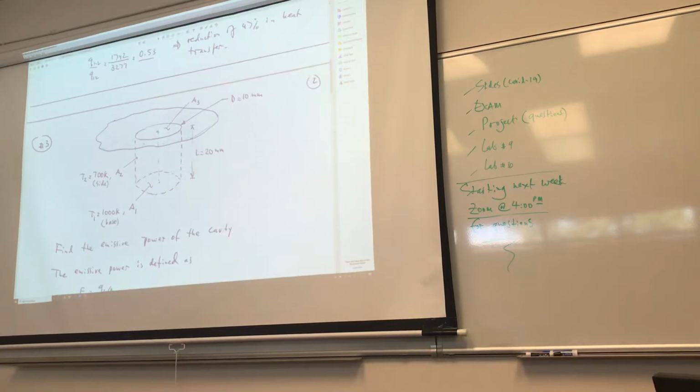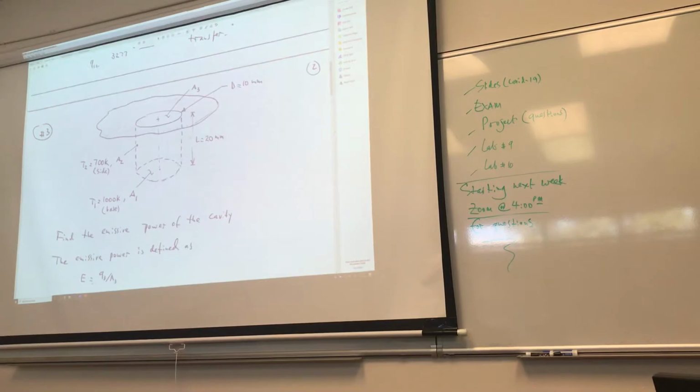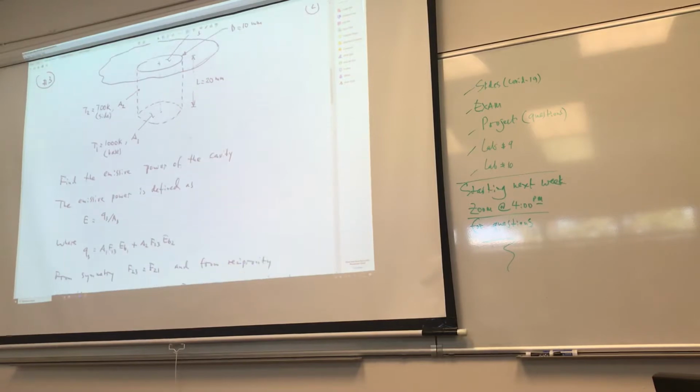Okay, so what am I looking for? I'm trying to find the emissive power of the cavity. And because all the surfaces are black, you know that the emissive power is simply E equal to Q coming out of 3, divided by the area of 3, okay? Q3 is simply A1 F13, because whatever is coming out of 3 is, first of all, what is coming out of A1 that gets exchanged with area 3, and we know what that is.